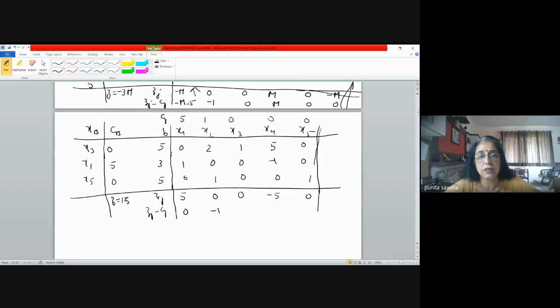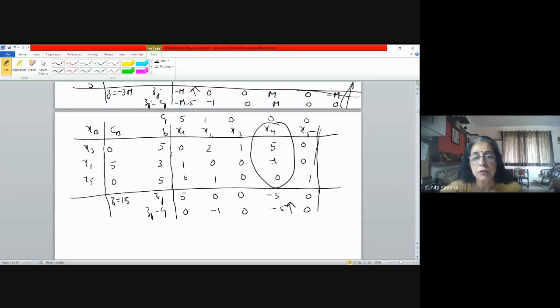Zj minus Cj is 0, minus 1, 0, minus 5, 0. Is that right? Yes, ma'am. Now the most negative Zj minus Cj is minus 5, right? So x4 enters the basis.